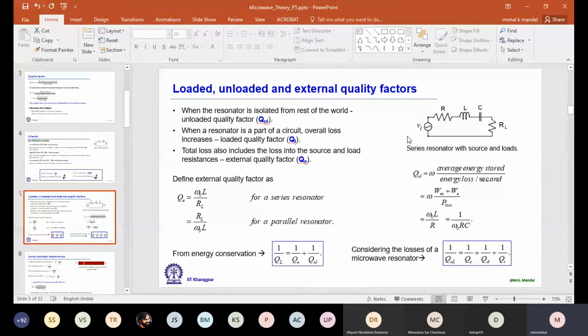Now, what about the unloaded quality factor? If I consider a microstrip line resonator, let's say, not this RLC, for a microstrip line resonator, individual losses we can represent in terms of quality factors.